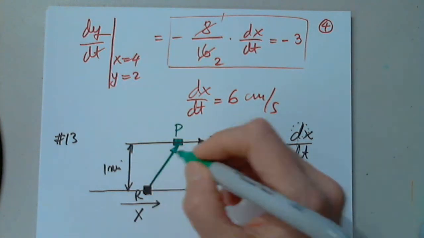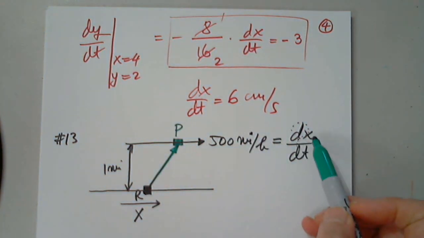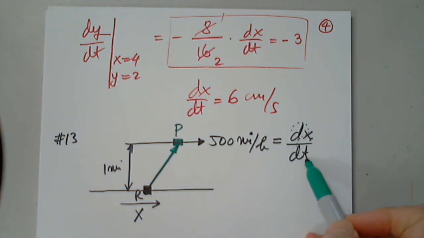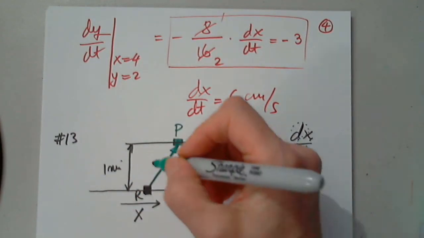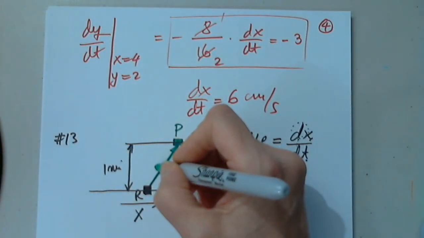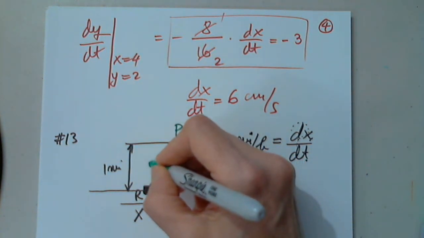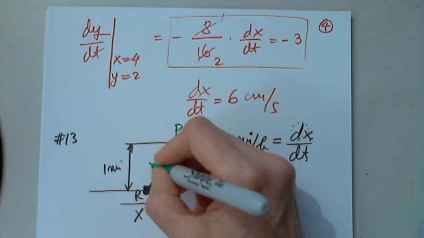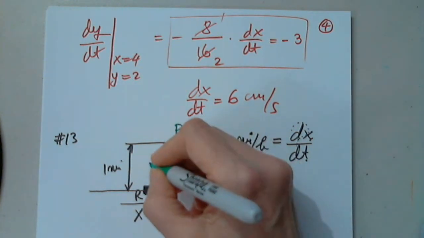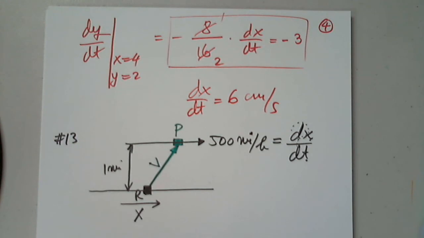Can anyone give us a letter? Please don't say D, please don't say X, and please don't say T. Choose anything else. V. V as in Victor? Or V as Victoria. V as Victoria, correct. Excellent. Good. So that's the distance.